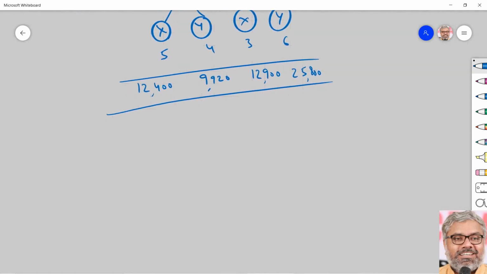That we have to find out separately. How much of X would be required totally? How much of Y would be required? X is the total of these two. How much? 12,400 plus 12,900. 25,300 kgs of X would be required. Y, 25,800 plus 9,920.